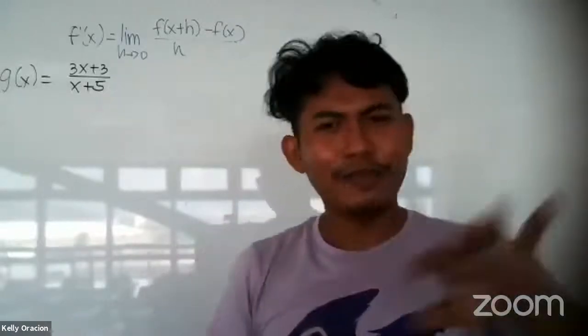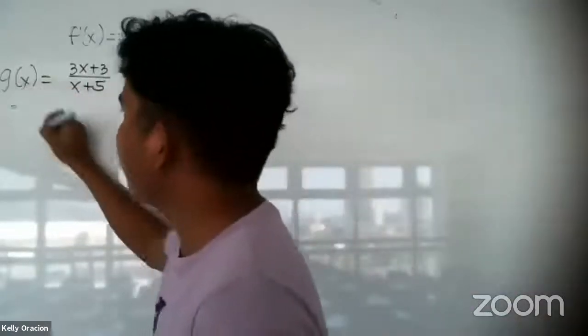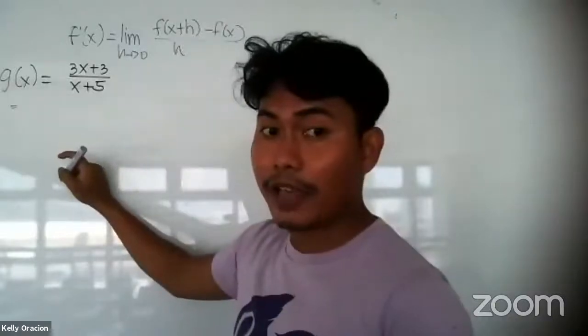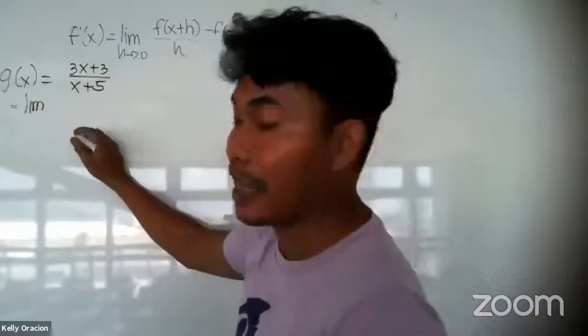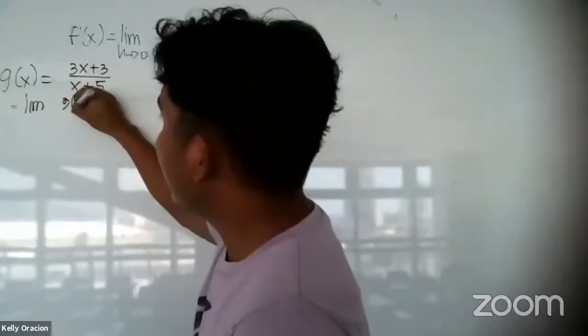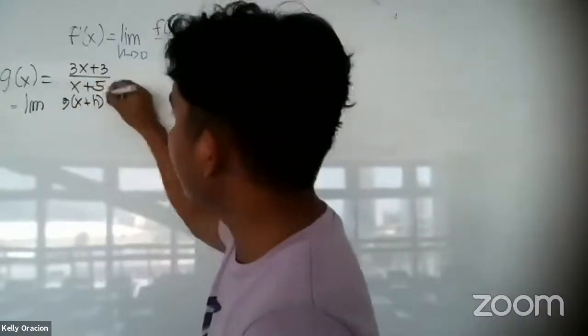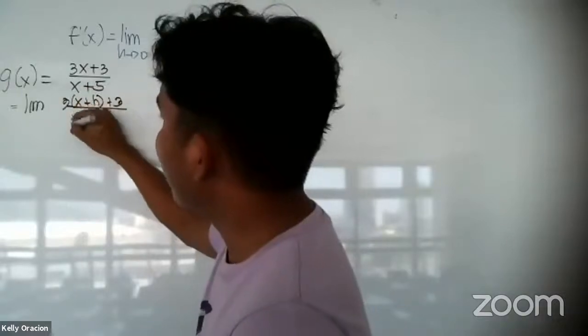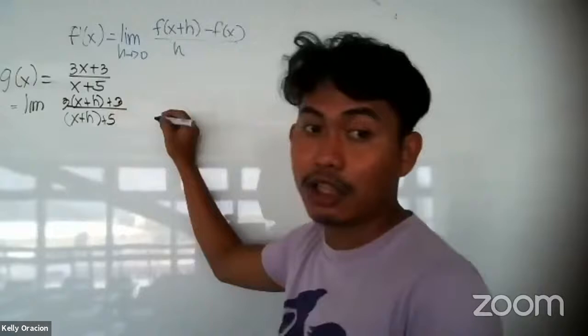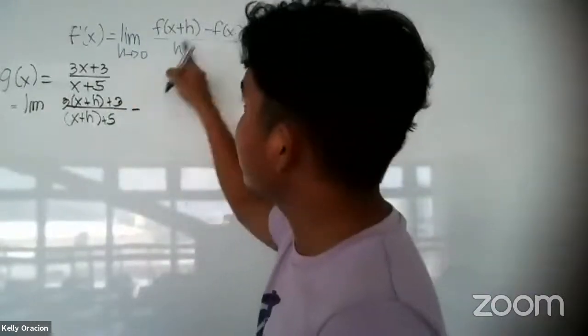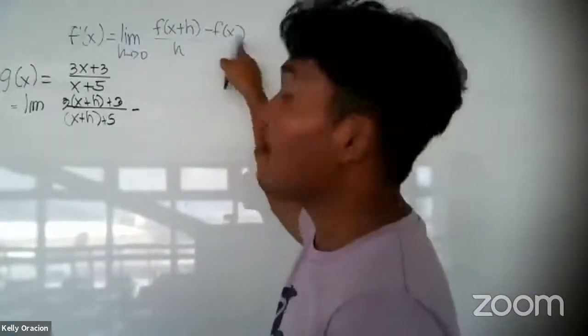Okay, let's solve. So let's have the first step. First step, ano yun? Lahat ng x will be substituted by x plus h. So 3 times x plus h plus 3 over x plus h plus 5. Yun yung first step. Then minus lang siya, minus the f of x.